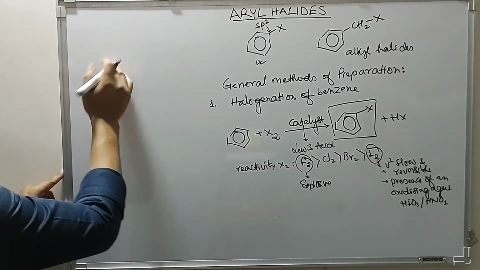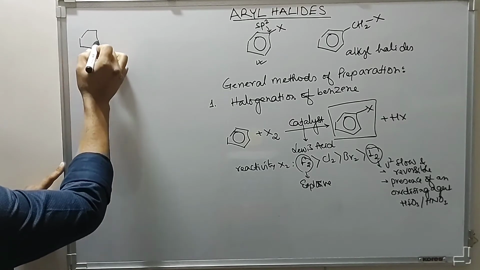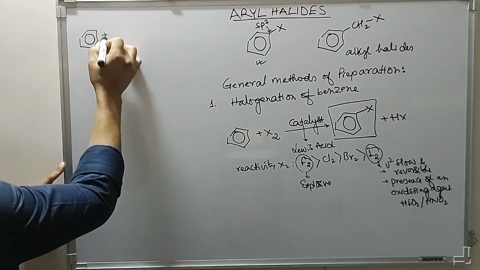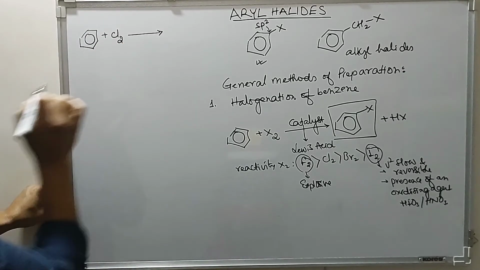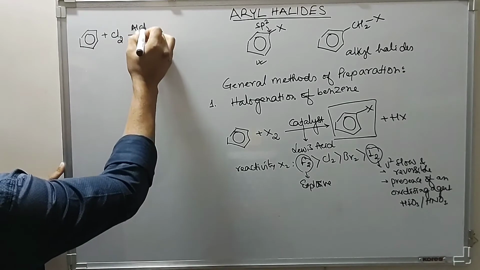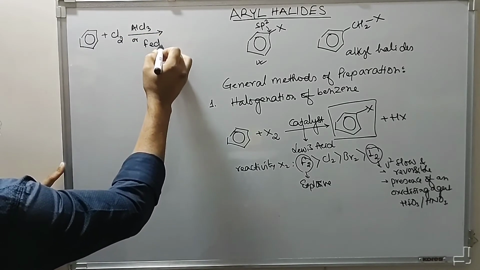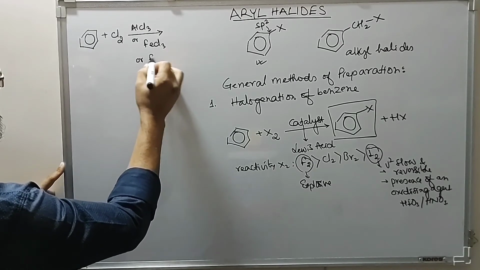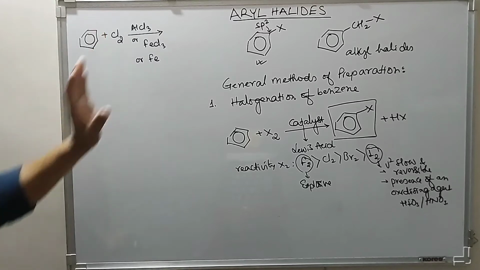So look at this, we have this benzene, which reacts with chlorine in presence of a Lewis catalyst. Either we can use AlCl3 or FeCl3, or simply we can use iron as a catalyst. These are all Lewis catalysts.